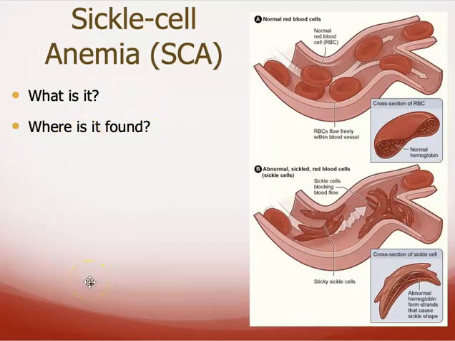It tends to be found in regions of the world where malaria is present. So sickle cell anemia has arisen in a number of different places on the planet. Mostly these were areas, some African areas, Mediterranean areas, India, Middle East, areas that had high rates of malaria.